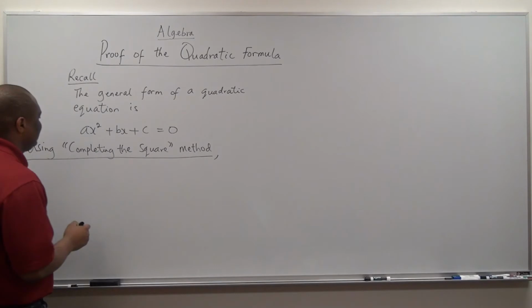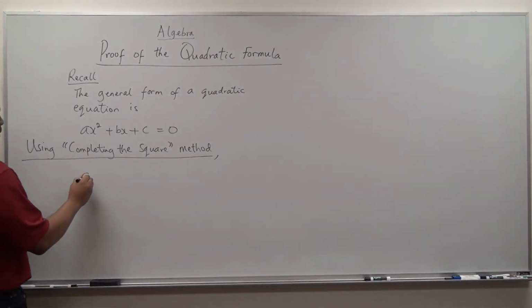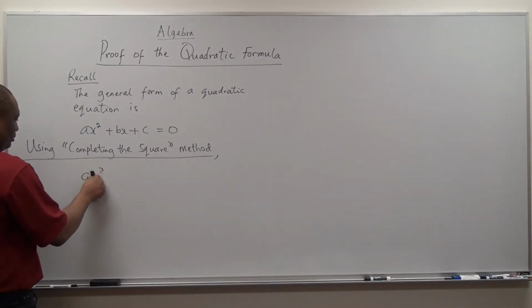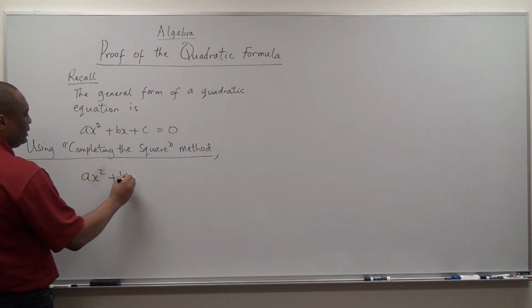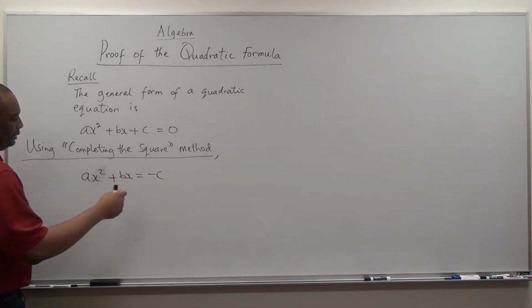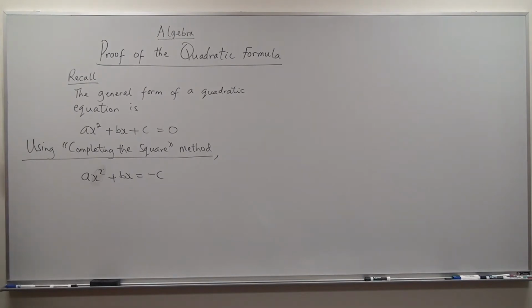So using the completing the square method, we have that ax squared plus bx will give us negative c. Of course, that's the first thing. And the coefficient of x squared is a.